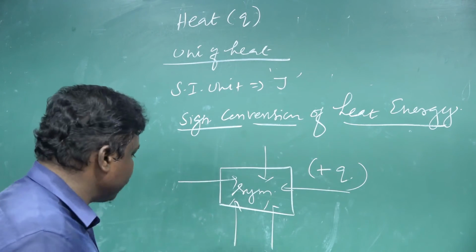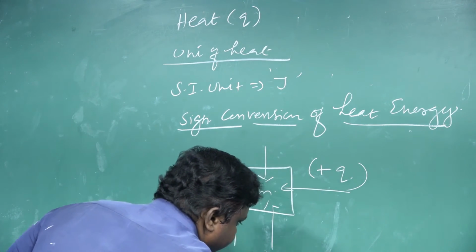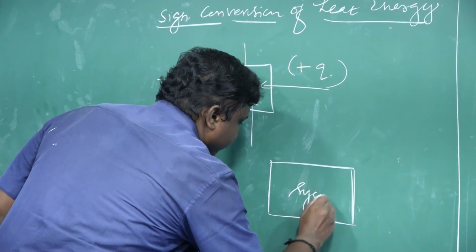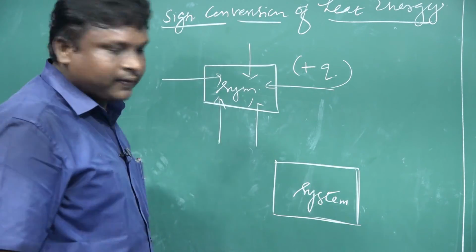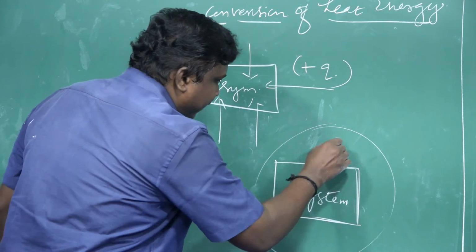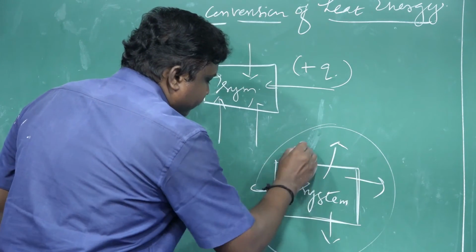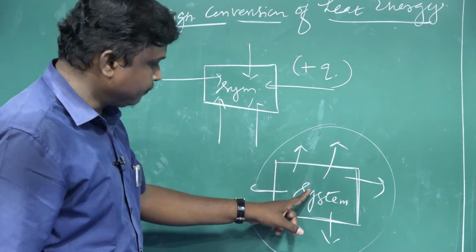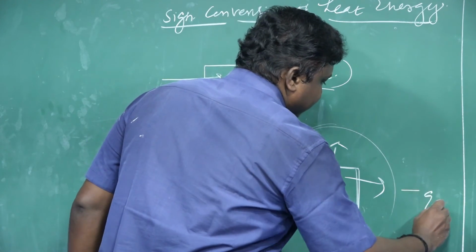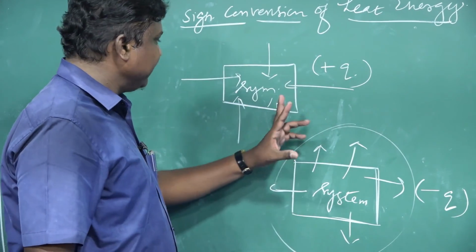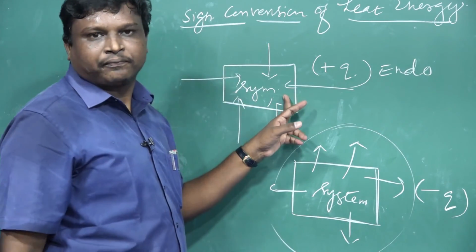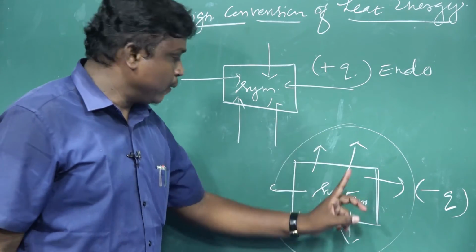Next, minus Q. When the system liberates heat energy to the surrounding, this is known as minus Q. Generally, plus Q is the endothermic process, where heat is absorbed, and minus Q is the exothermic process.